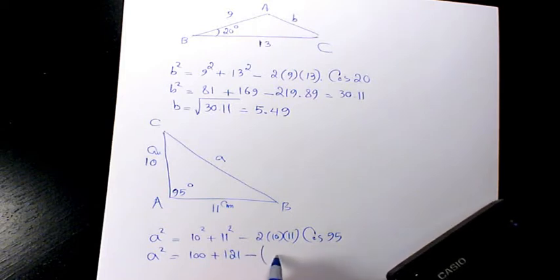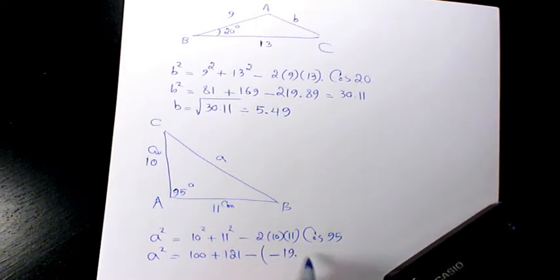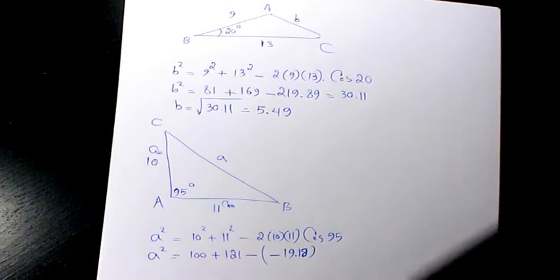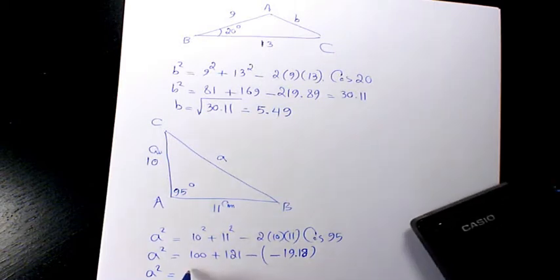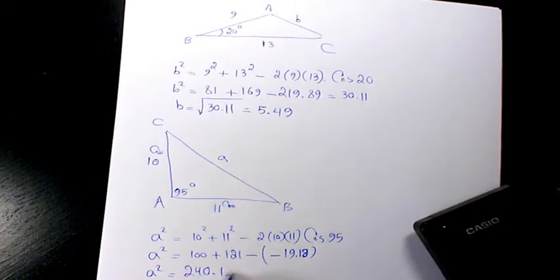That's going to be negative 19.18. So it's going to be 100 plus 121. Two negatives multiply each other is going to be positive. That's going to be 240.18.